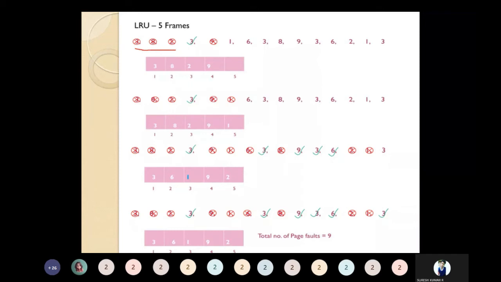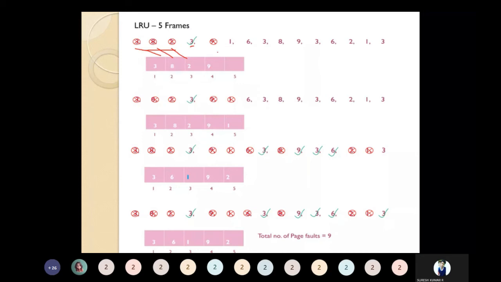These are entered directly. Next I look to insert a 3, but 3 is already present. That's why there is no need to replace, and I mark it as a green column. Then I look at 9. 9 is not present, so 9 will be placed in the fourth frame.